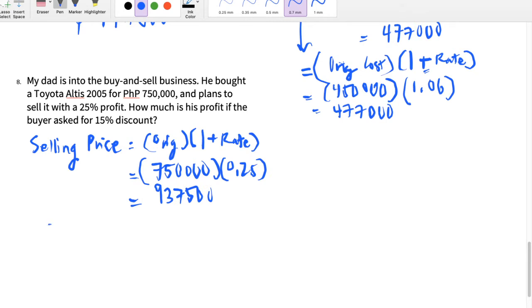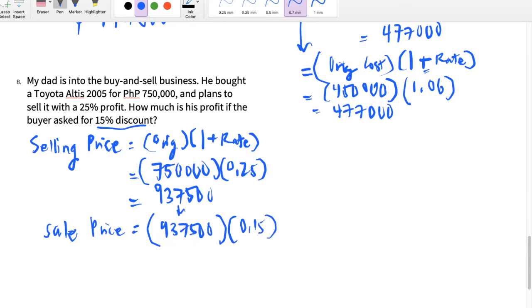Pero ito pala yung selling price niya. Ano naman yung naging sale price niya? Kasi after niya dagdagan for profit, yung buyer nag-ask for 15% discount. So, sale price would be this selling price, 937,500 times 0.15. Okay, so be careful kung anong gagamitin yung rate.